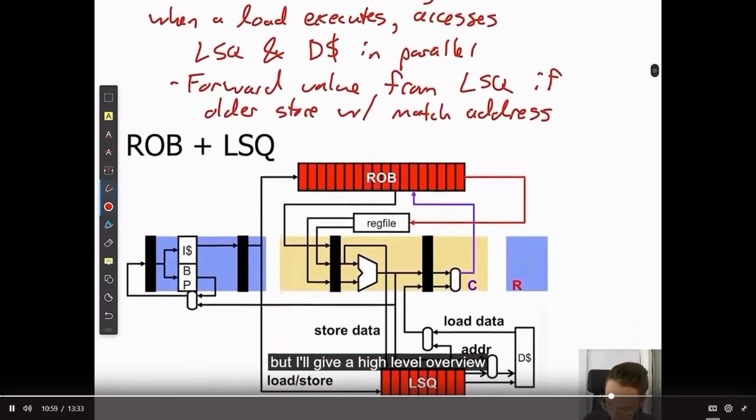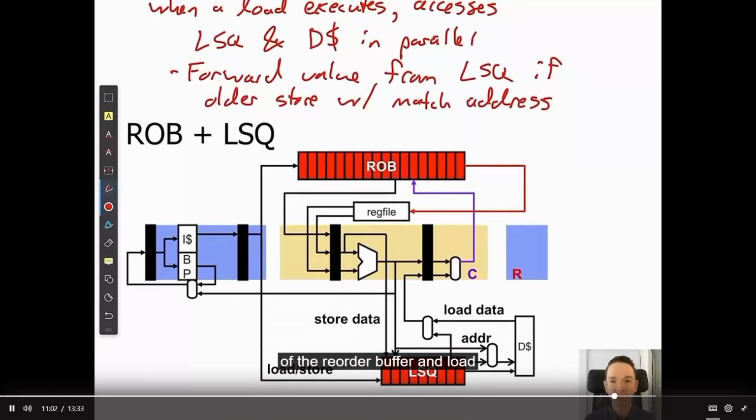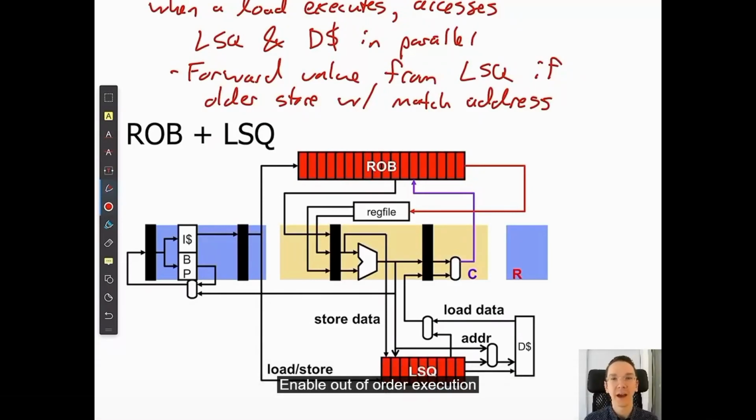But I'll give a high-level overview of the reorder buffer and load store queue in action to enable out-of-order execution of our instruction stream while retaining precise state so that we can recover from misspeculations or exceptions and interrupts. The basic idea is that load store queue entries are allocated in program order. It is a FIFO queue.